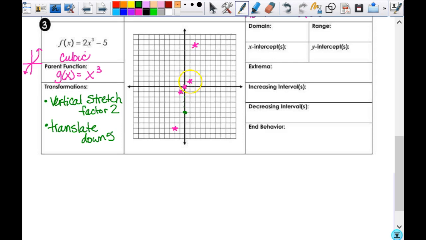So this is 1, 1, the y value gets multiplied by 2, so now I'm at 1, 2, right? Then after I do that, I translate down 5, 1, 2, 3, 4, 5. And because it's odd, and it's not reflection symmetry, it's rotational symmetry, I can get this other point right there. Okay? Or you can count it if you're not sure what to do with that.